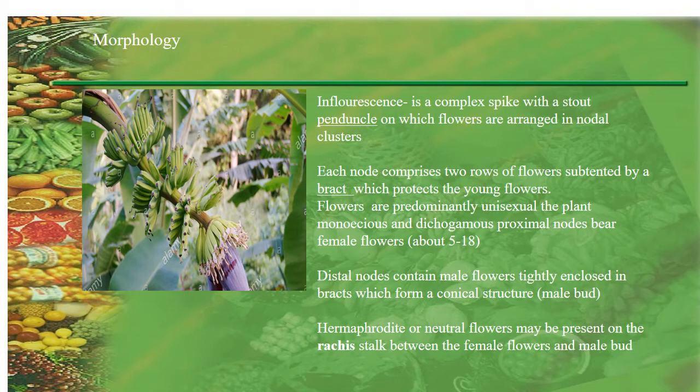Proximal nodes bear female flowers, about 5 to 18. Distal nodes contain male flowers tightly enclosed in bracts which form a conical structure or male bud. Hermaphrodite or neutral flowers may be present on the rachis stalk between the female flowers and male bud.